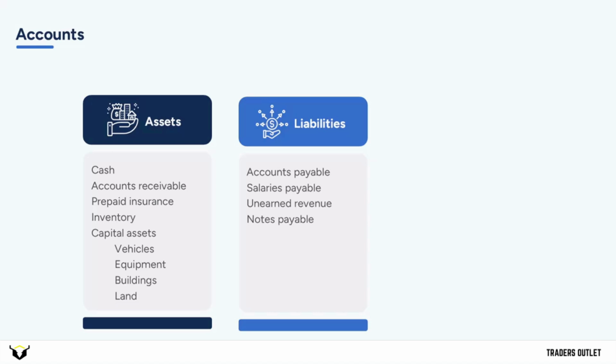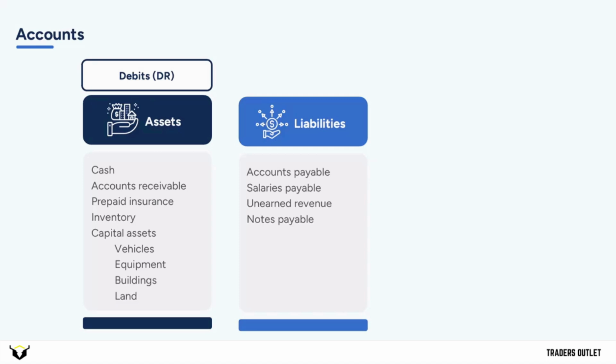Now let's turn to the double entry bookkeeping. Asset accounts normally have what we call debit balances. DR is used as the shorthand for debit. This means that when recording transactions related to asset accounts, we debit the account to increase the balance, and we credit the account to decrease the balance.